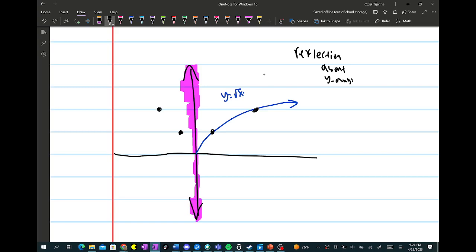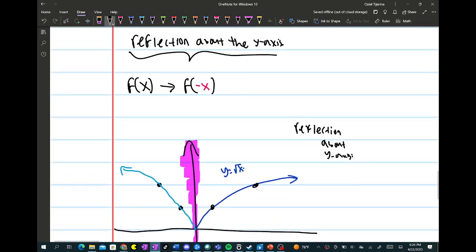And what that is going to be is the other curve that is represented by the reflected function. And like I said, it doesn't look exact, but you'll see exactly what I mean. And now this is actually going to equal the square root of negative x. So that is what the transformed function is.